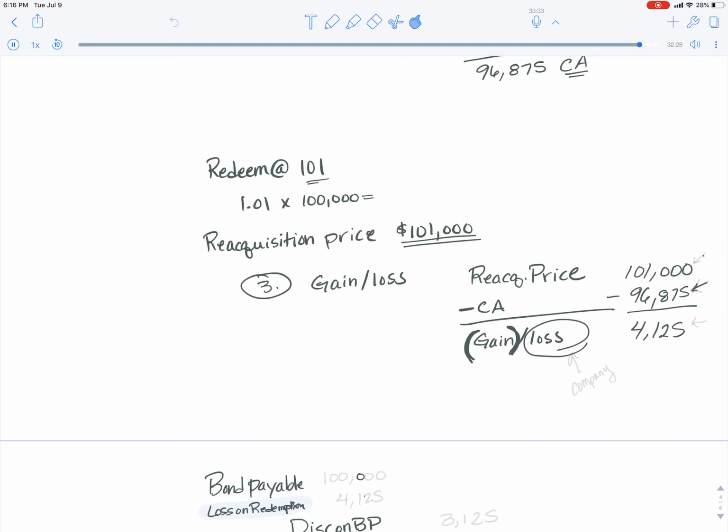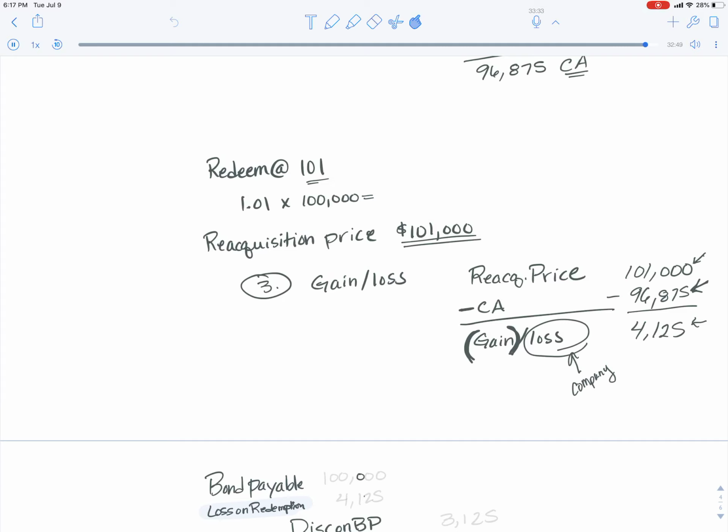So we had to pay back 101 to get the bonds, but we really only owed them 96. So we paid an extra $4,125 to get the bonds back. So this is a loss to the company, and the bondholders got extra, so they have the gain.